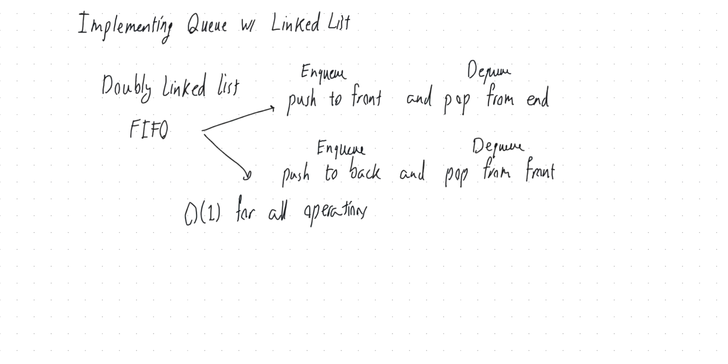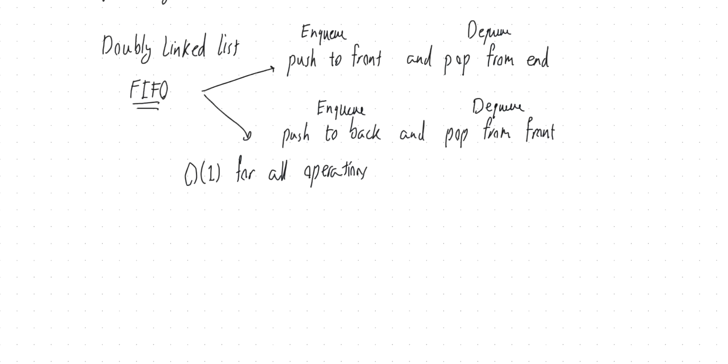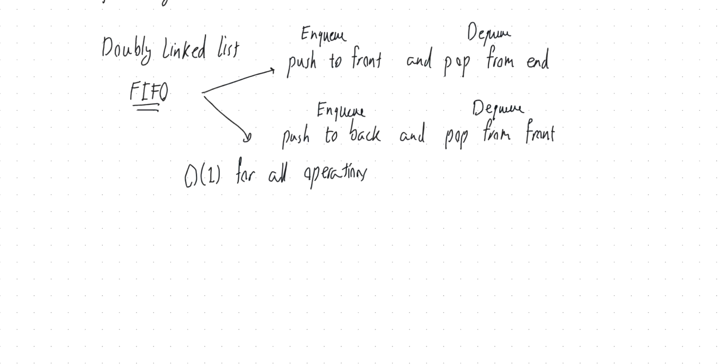The other thing is making sure that this behavior is satisfied. And it is, because if you think about it, this is the head. Let's say we are going with the first option. So head and tail. Let's start with an empty doubly linked list.